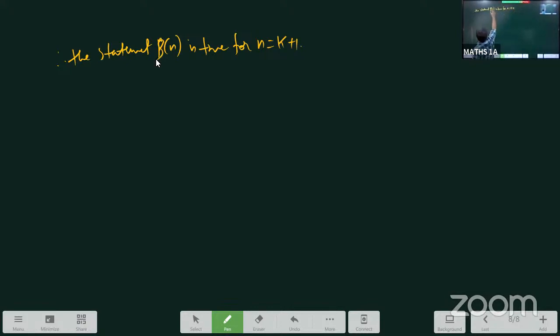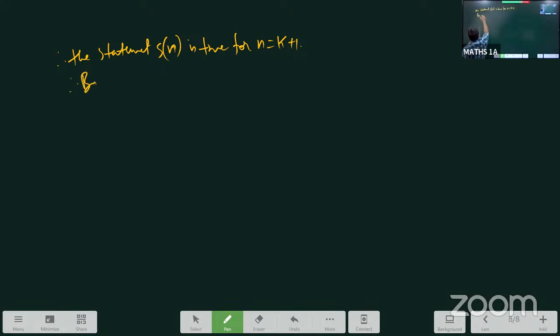Therefore, the statement P of n is true for n equal to k plus 1, S of n. Therefore, the statement S of n is true for n equal to k plus 1.